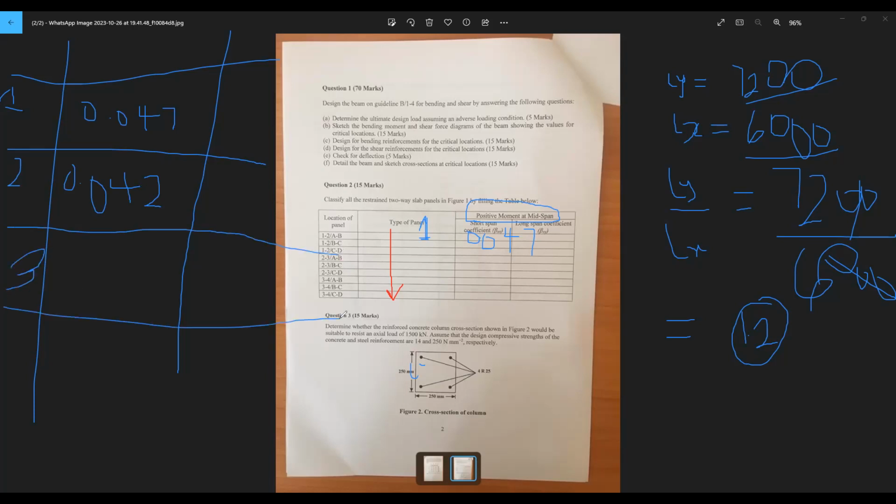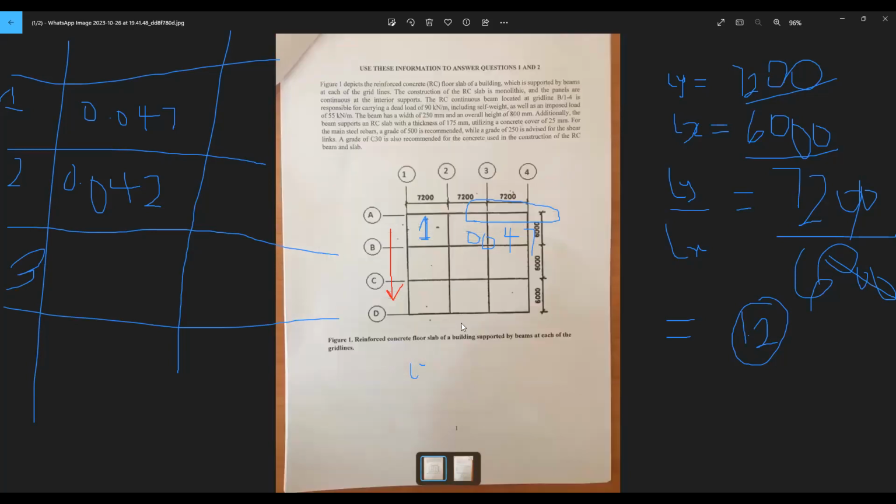Then let's go to our panel 3. This is the panel I classified. This is not panel 2 actually. Here is panel 2. You get it? But don't be confused. I went horizontally.